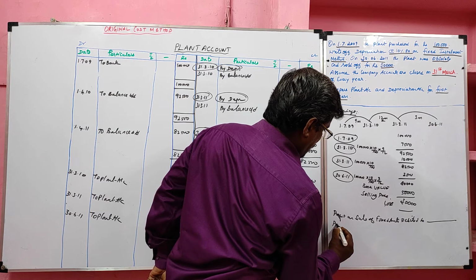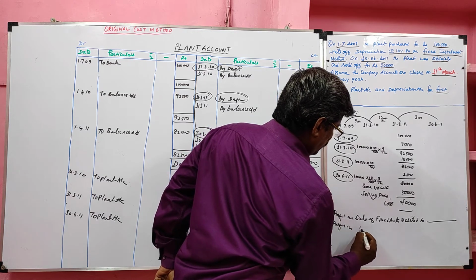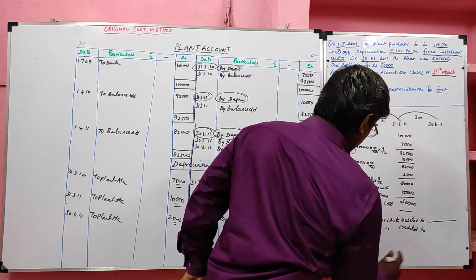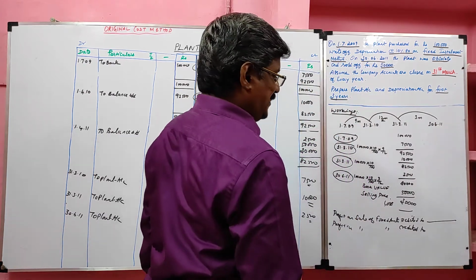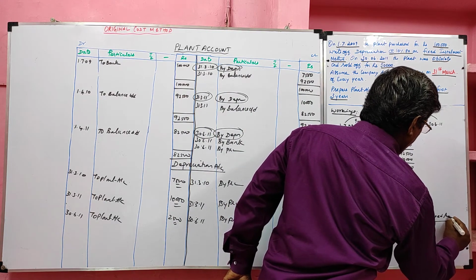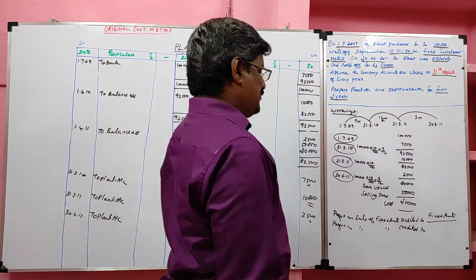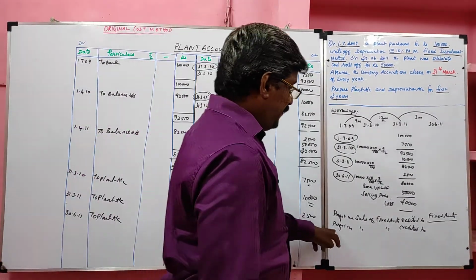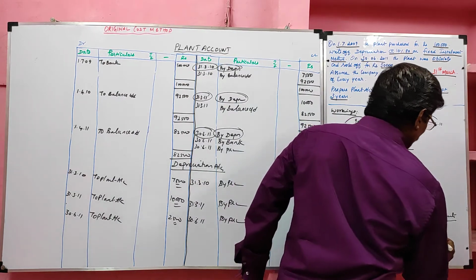Sometimes they may ask profit on sale of fixed asset credited to dash. So profit on sale of fixed asset should be debited to the fixed asset account. Profit on sale of fixed asset credited to the profit and loss account.